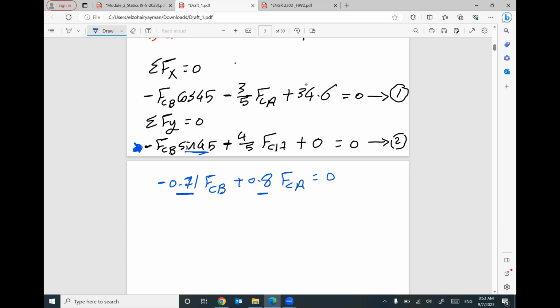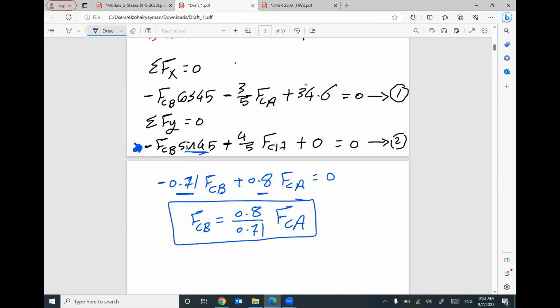Then I can say FCB will equal 0.8 divided by 0.71 FCA. I just moved this one to the other side, it will be positive, and the left is FCB alone. So the other side will be 0.8 FCA divided by 0.71. This is the first one coming from equation number 2.